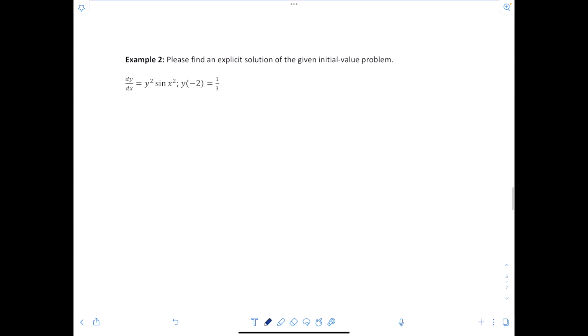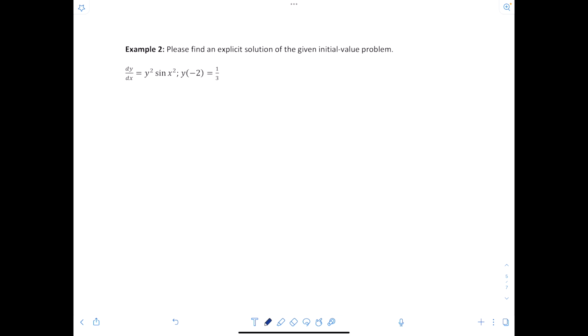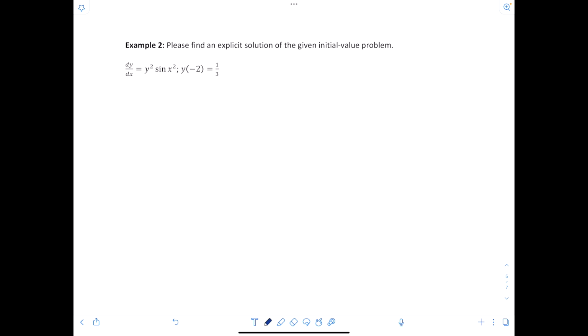Okay, example 2. Now we want to find an explicit solution of an initial value problem. Okay, so we have dy/dx equals y squared times sine of x squared. When you separate this one, you have to be a little careful. You'll end up getting dy over y squared is equal to sine of x squared dx.